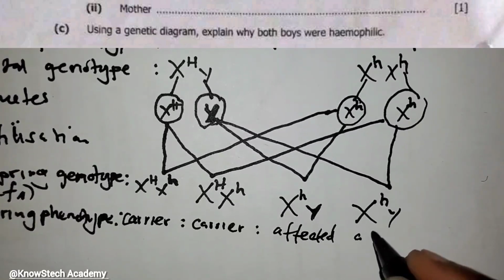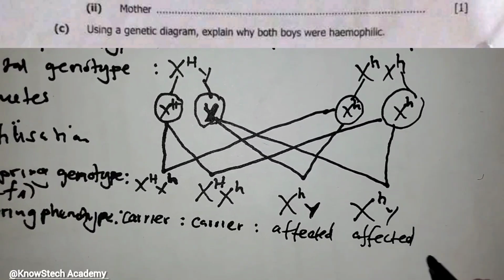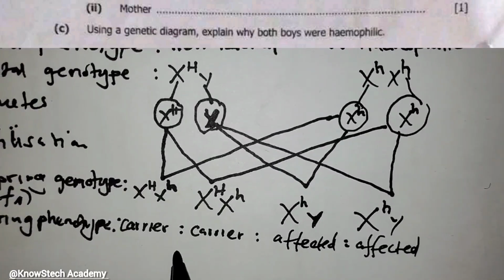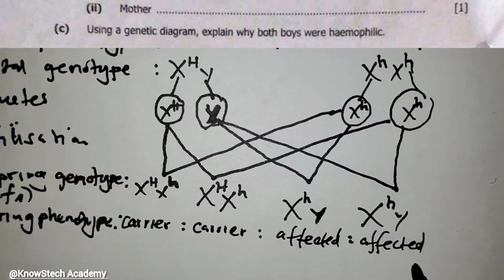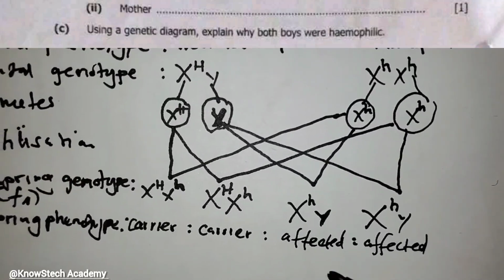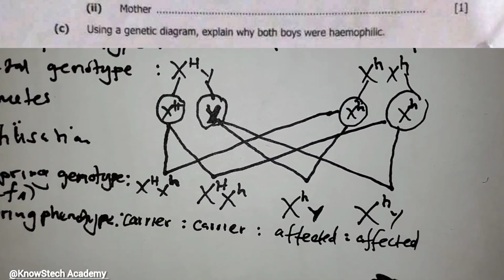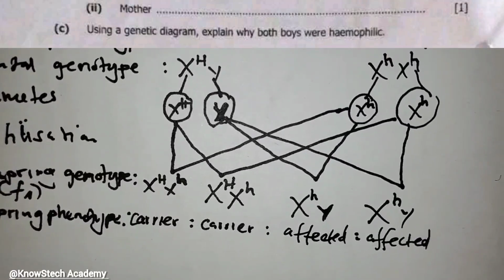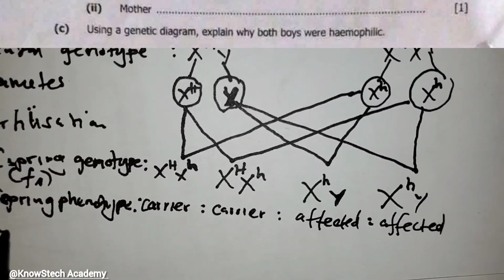This is also an affected child. So we have two carriers and two affected males. So all of the male children will be affected.